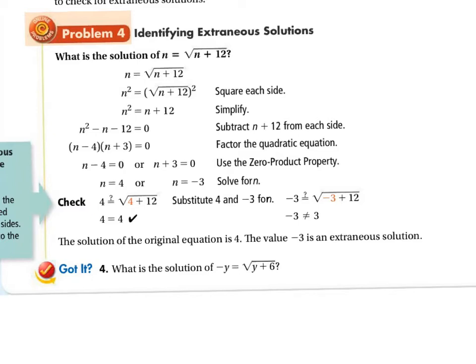So on problem 4, on the left side we just have an n. When you square both sides, now we have an n squared. So with just an n, I'm thinking I should have one possible solution. Now I've got n squared, now I've got 2 possible solutions. So I've just introduced an extraneous solution into this problem. But that's what we need to do to solve it.